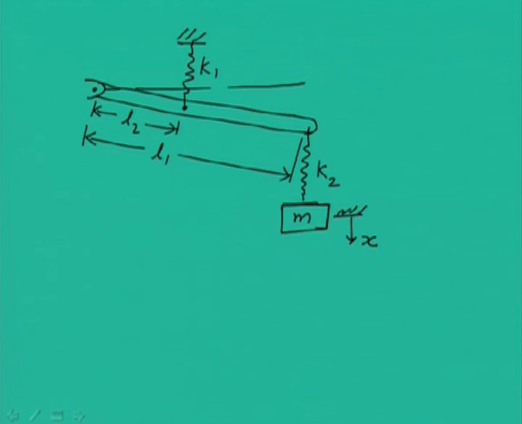This particular deflection which we have taken is from the static equilibrium position of this system. That means we are allowing these springs to deform to the extent possible due to gravity, and whatever the position of the mass is there is our reference point for measurement of the displacement x, which is time dependent.